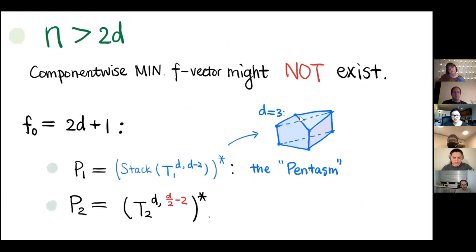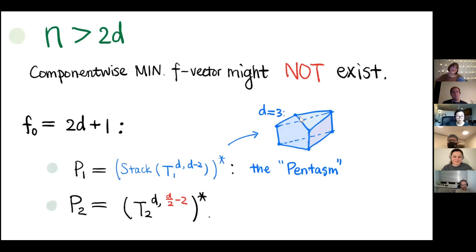It falls immediately after that bound. I'm going to show that when f0, the number of vertices, equals 2d plus 1, then at least for half of the cases, or almost always, the component-wise minimum F vector does not exist.